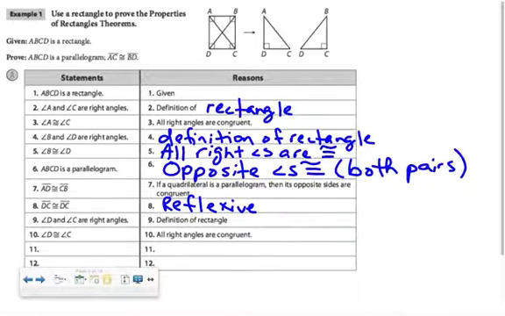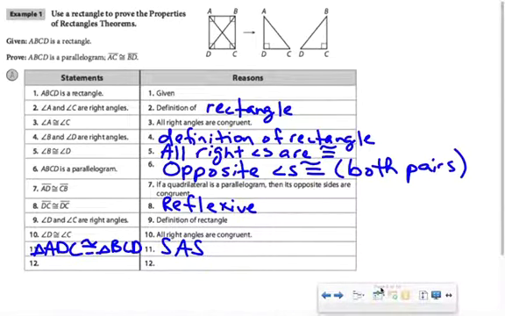And then, as I said previously when I was talking about the properties of the diagonals, we know that triangle ADC is going to be congruent to triangle BCD because of side angle side. And then remember that anytime you're going further than that, to say that parts of those triangles are congruent, you're using CPCTC, and you're using it to say that AC is congruent to BD. So we've proven that the diagonals of a rectangle are congruent.